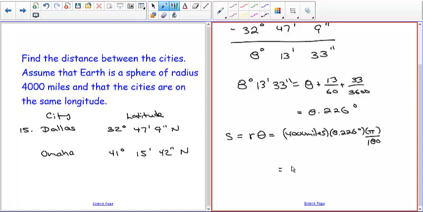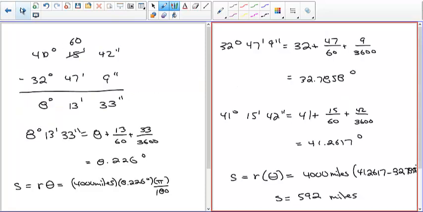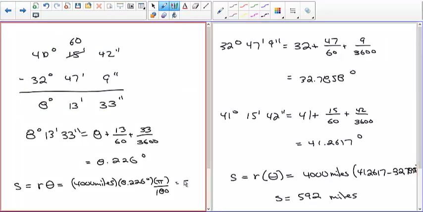And I don't think I got the same answer. Here I got 574. It's not. Let's just double check here. 41.2617 minus 32.78.